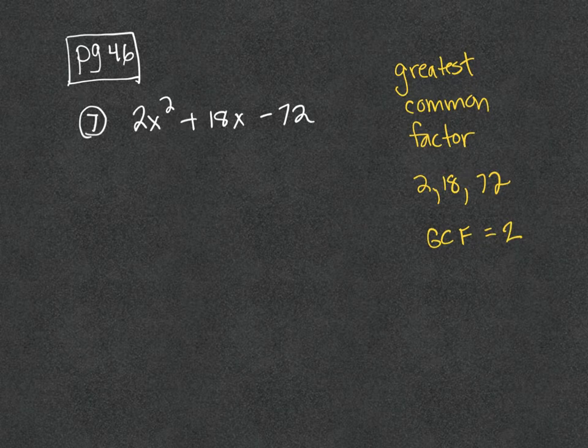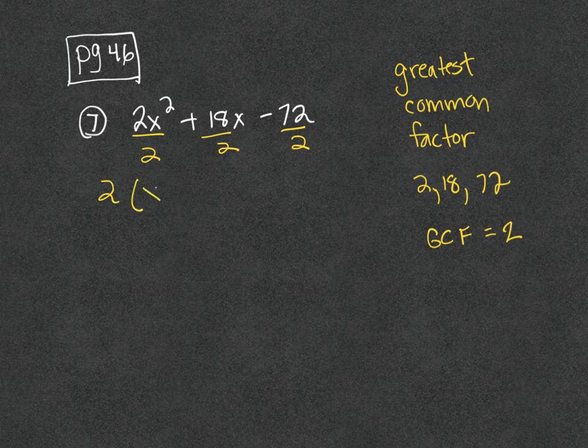And so what that means is that at first here, we're going to have to factor out a 2 out of each one of these terms. Okay, now that we've done that, we know that 2 is going to be part of our final answer.